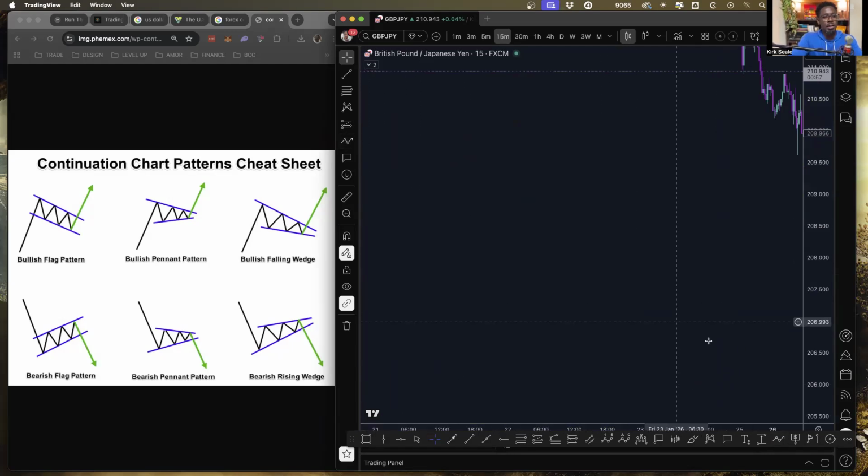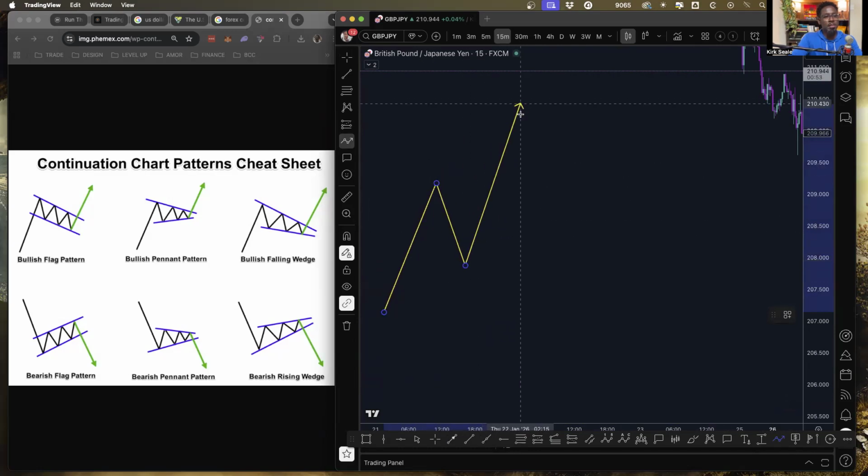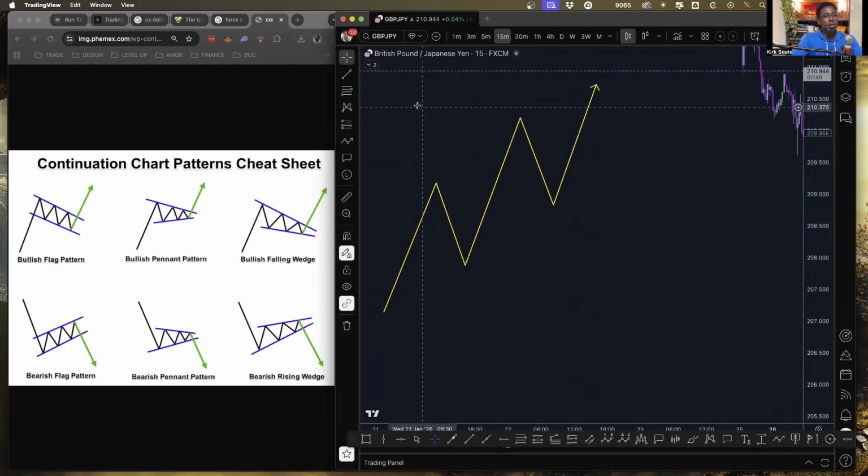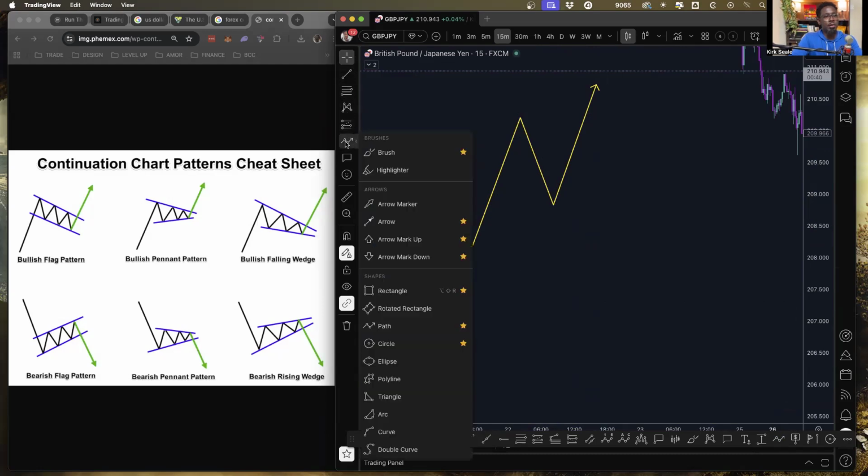So if you were looking for the tool that I use to have this continuous arrow going on, you're going to look on TradingView. You're going to come in your palette here on the left, and it's going to be 1, 2, 3, 4, 5 icons down. It's most likely going to be on brushes at first, but 5 icons down, and then look for path.